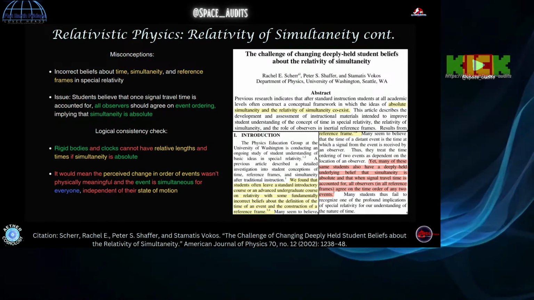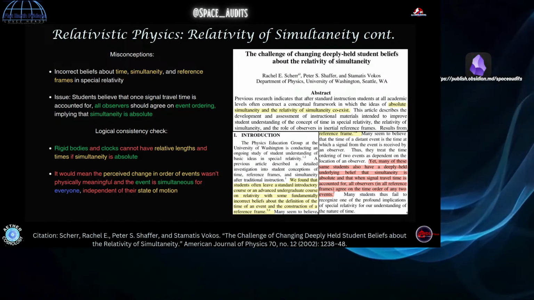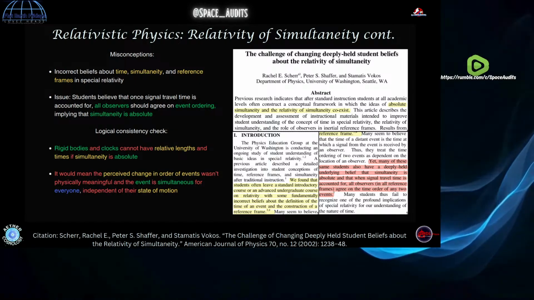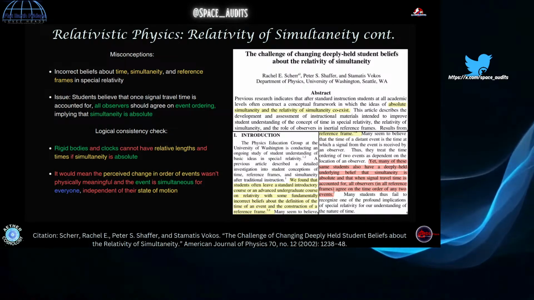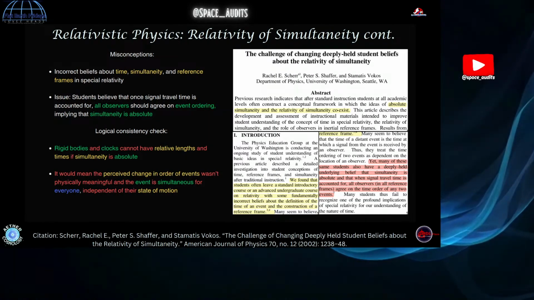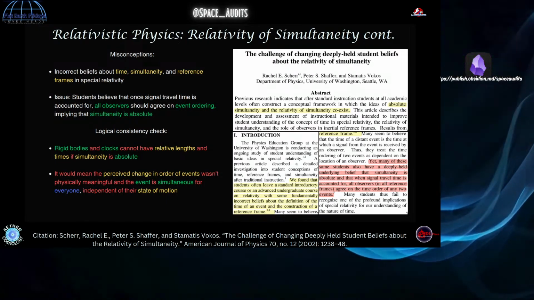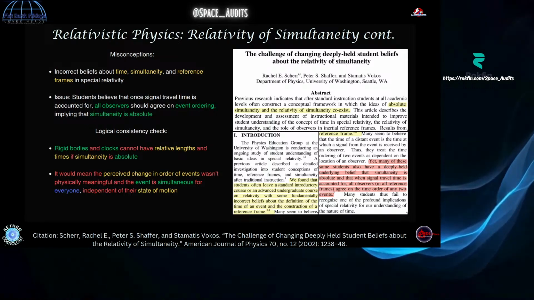And then it goes on to say that yet many of these same students also have a deeply held underlying belief system that simultaneity is absolute, and that when the signal time is accounted for, all observers in the reference frames agree on the time and the order of any two events.